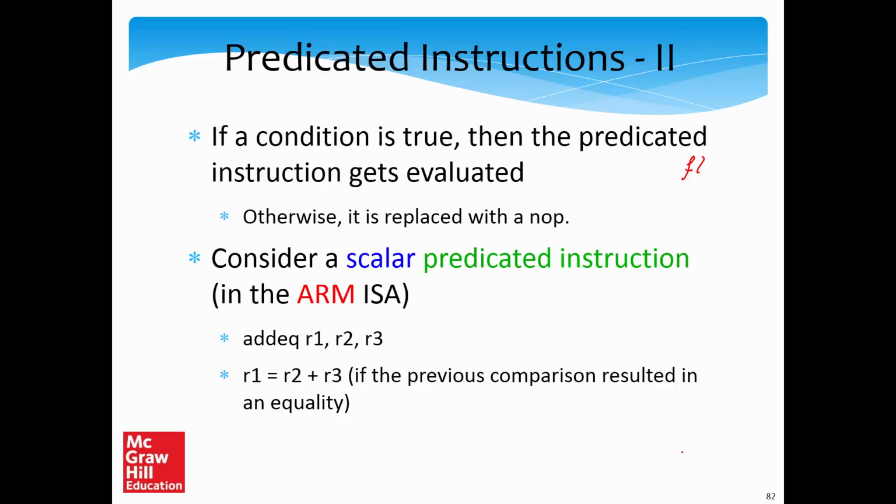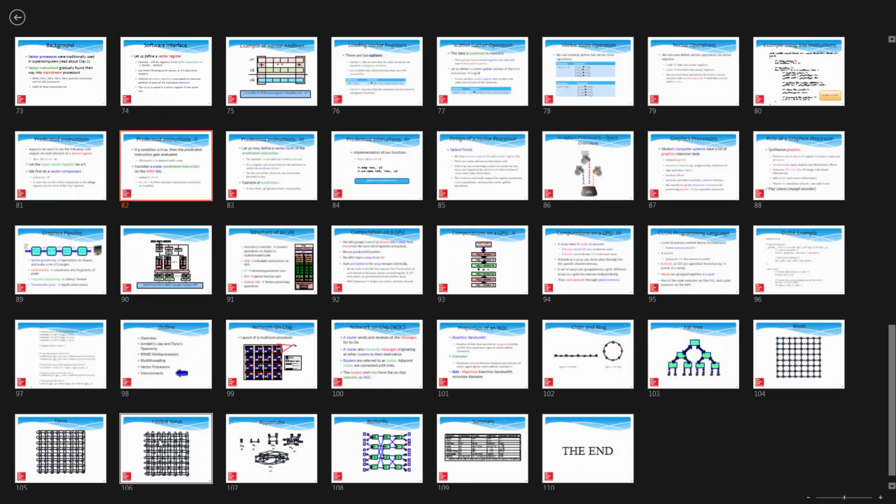Now let's say a condition is true, then the predicated instruction needs to get evaluated, otherwise it is replaced with a no op. Let's see what this means, because this is fairly involved and will require some discussion.